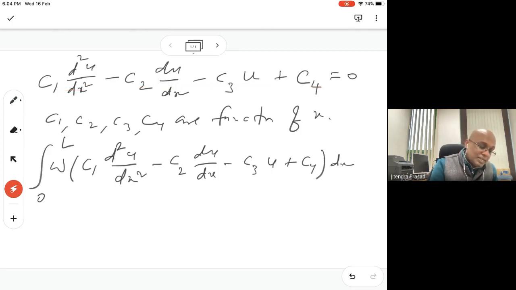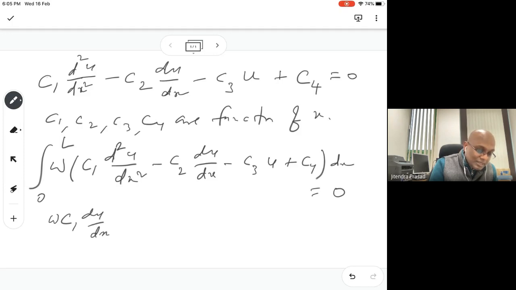This is equal to 0, and when you work it out you will get some boundary condition.